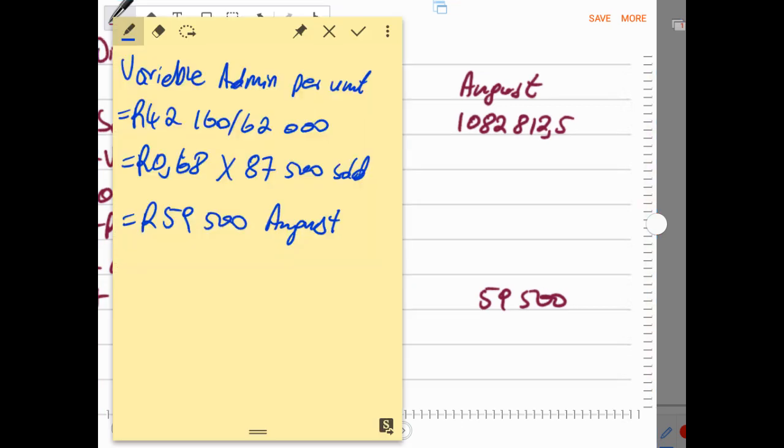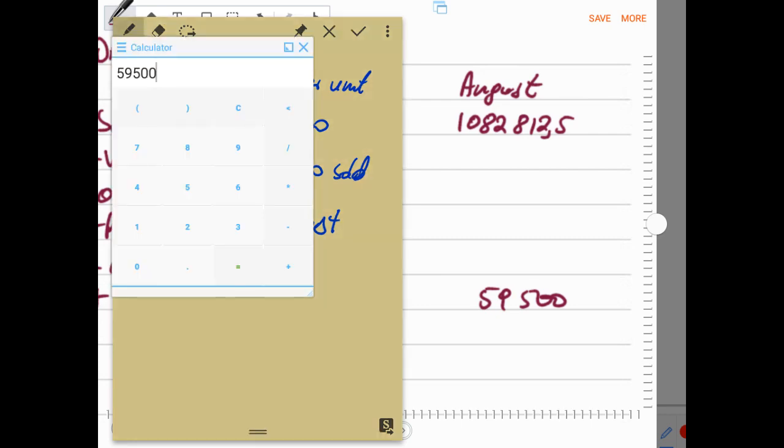So now if we need variable marketing per unit, it will be the total of 25,420 divided by the units that were sold in the month of July. Therefore, now this will be 25,420 divided by 62,000.